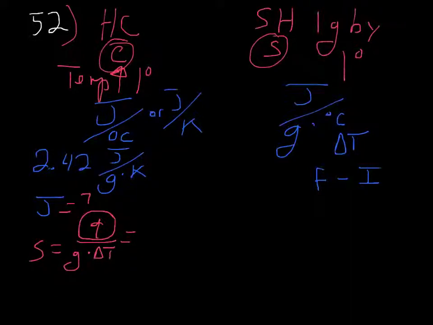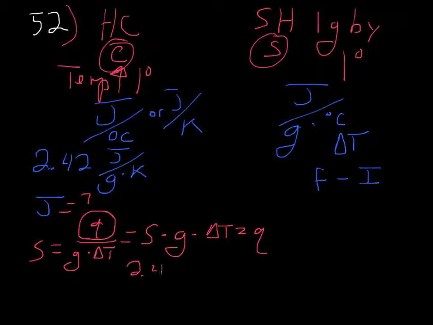it is actually S times the grams times our change of temperature equals Q. And as we read 52 now, we know our formula. Our S is 2.42 times our grams, which is 62, times the change in temperature.